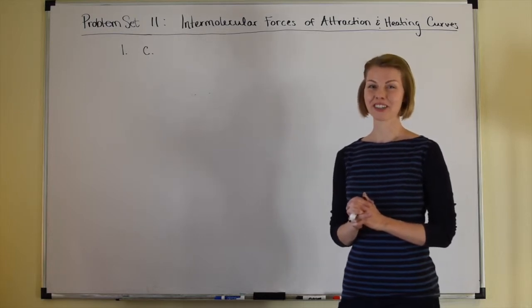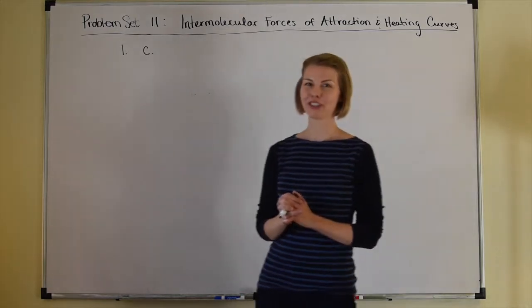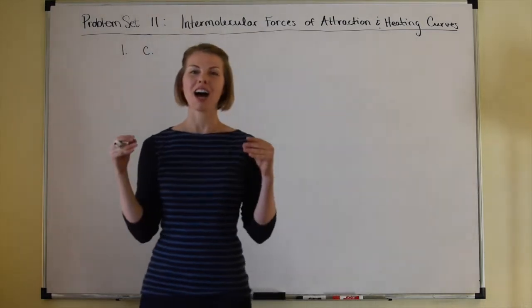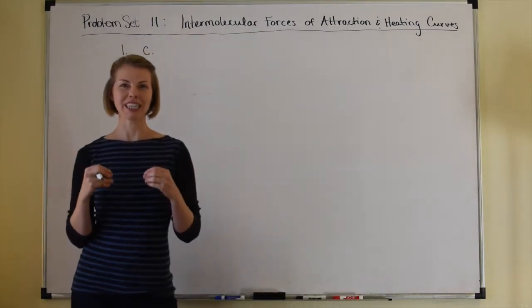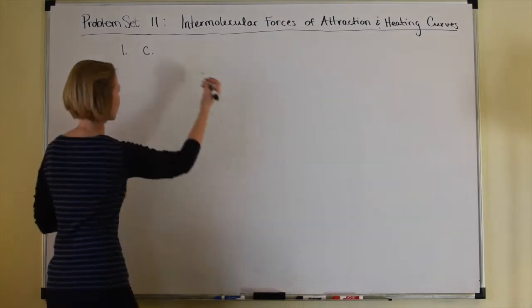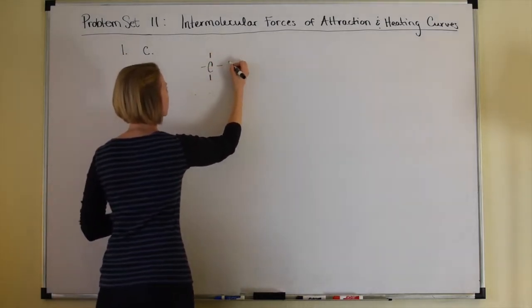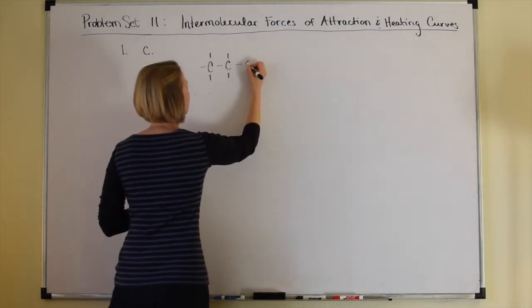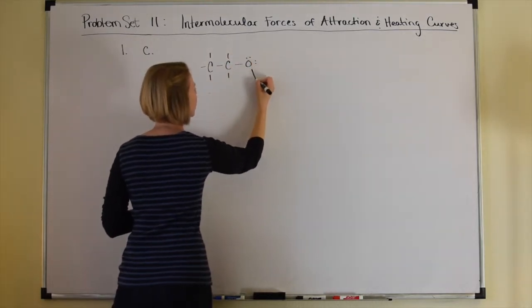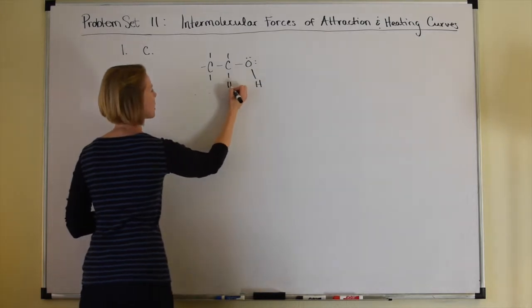This is something that your instructor will probably want you to be able to do. Draw a hydrogen bond between 2 molecules. Okay, so let's go ahead and do it again. So redraw the ethanol. I'll go ahead and give it that bent geometry there.